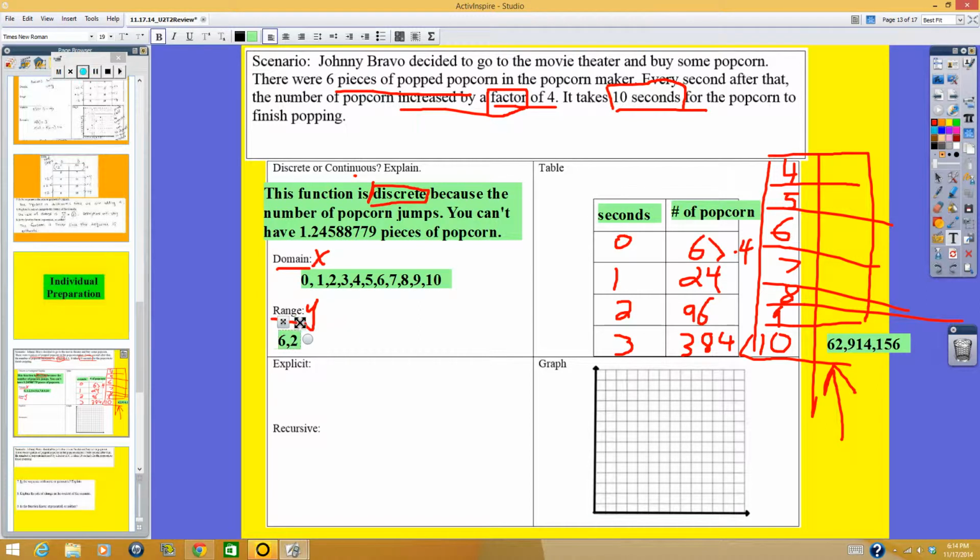You do 6, 24, 96, 384, 1536, 6144, blah blah blah. You would keep doing that until you get to your last number, which was that craziness, okay? And maybe space it out. That might be good to do. Alright?